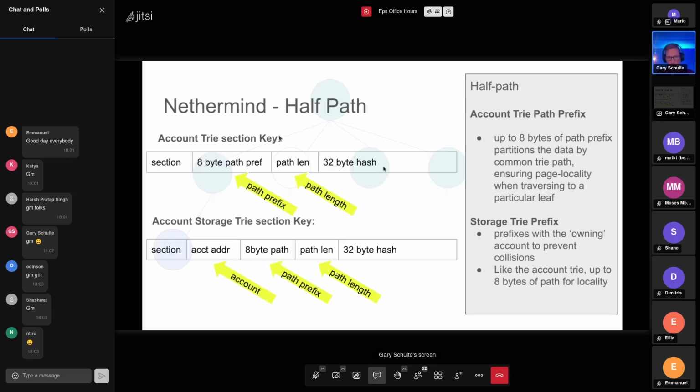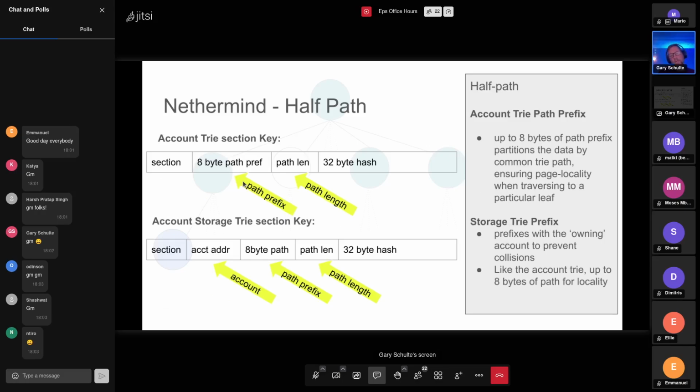And then finally, there's the actual 32 byte hash value that is the key for the tree. So it's a clever way of incorporating path to gain the advantage of path locality and the advantage of attribution, really, because this also helps, I understand, with pruning, because since Nethermind's Half Path is still using a hash-based tree, all of these keys have deduplication issues.